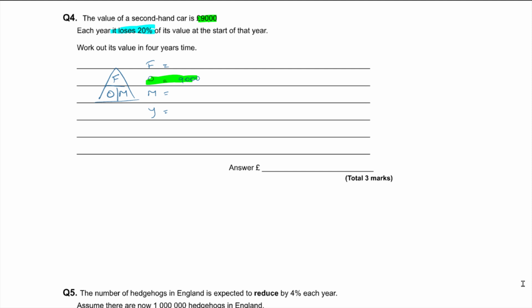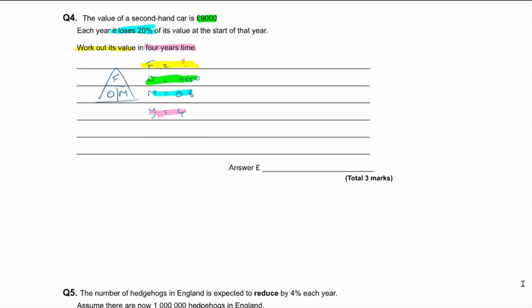So if you've got 100% and you subtract 20%, that's 80%, and as a multiplier, that's 0.8. Work out its value, that's what we're trying to do, after 4 years' time. So the number of years is 4. So that's where that all comes from.